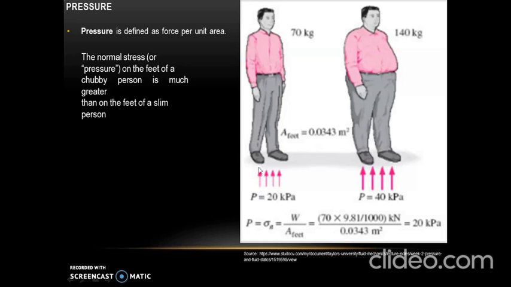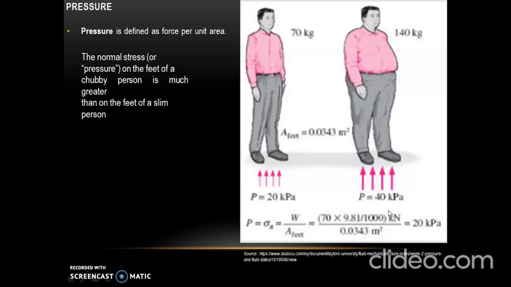In order to find out pressure exerted by the floor on the feet, we can use the formula force per unit area. Here force is nothing but the weight exerted and weight is equal to mass into acceleration due to gravity. Mass is 70 kg and g is 9.81.